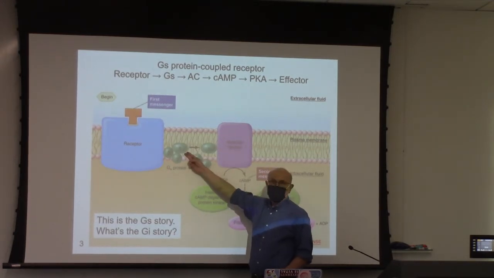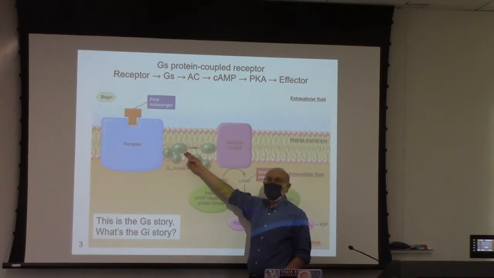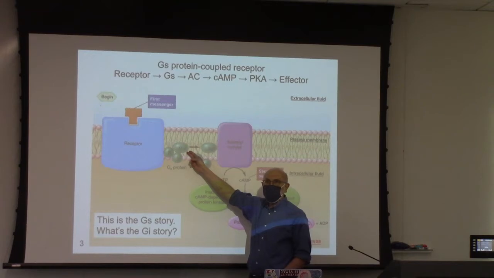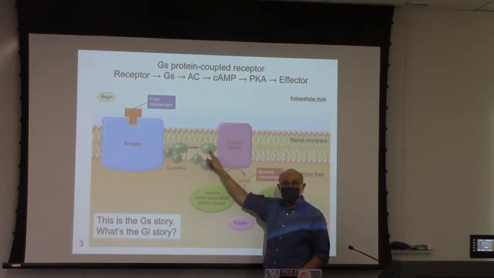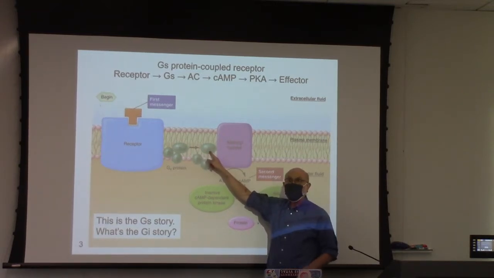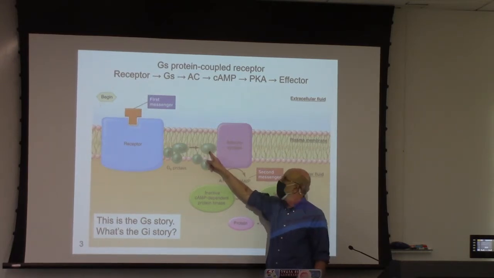The G protein is active when it is in the GTP-bound state, when the alpha subunit is bound to GTP. It's on, it's active, but alpha subunits have an intrinsic GTPase activity.